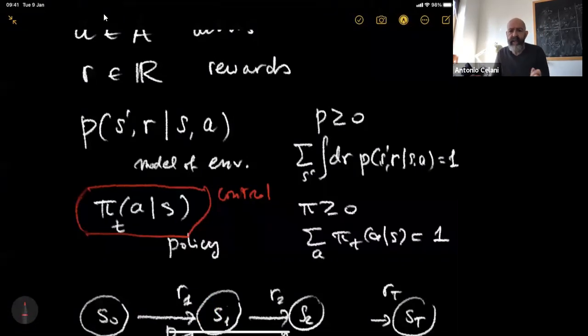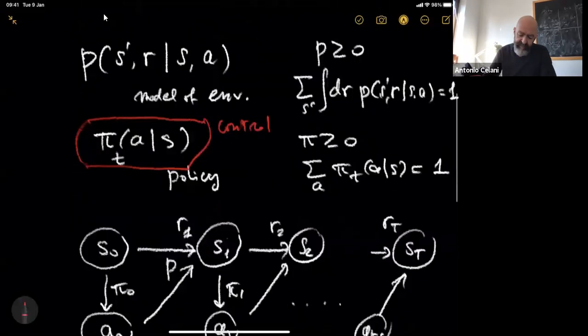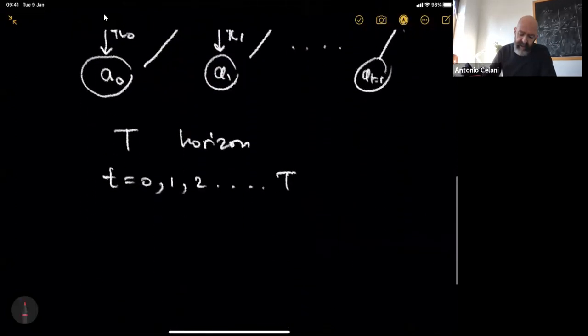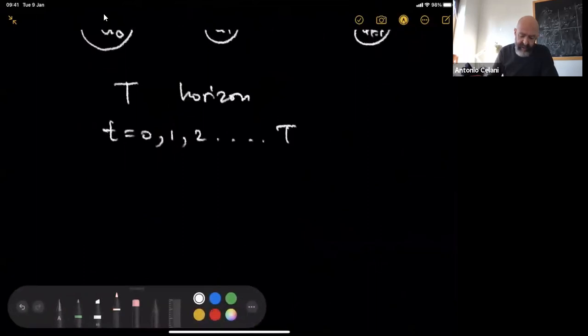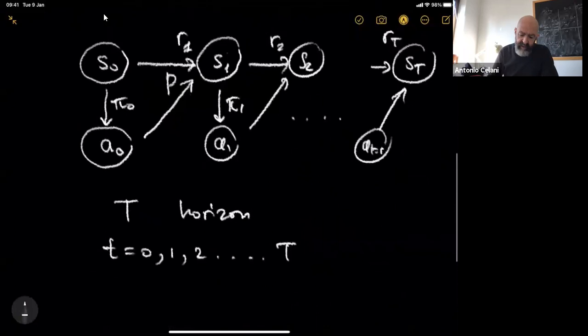There's no way the agent can modify this transition probability P. The only thing we can do is properly select the actions to take at every time step in order to obtain a result.